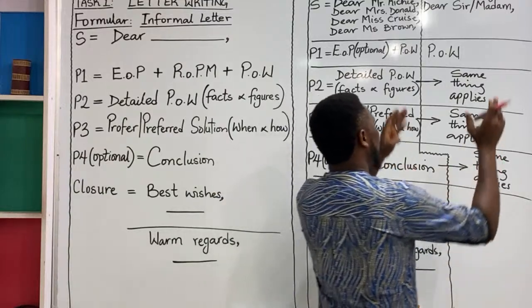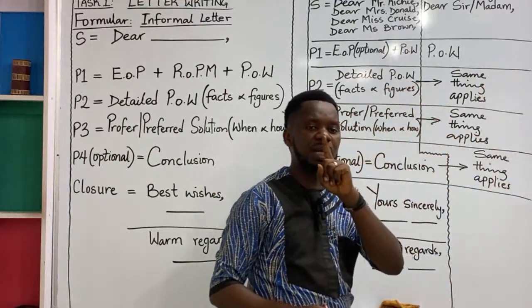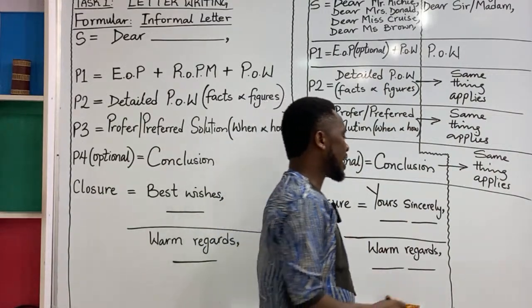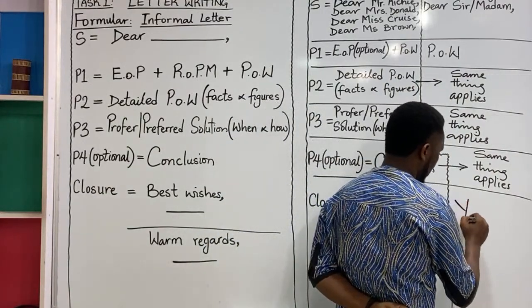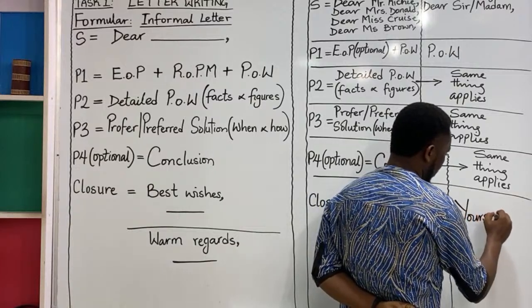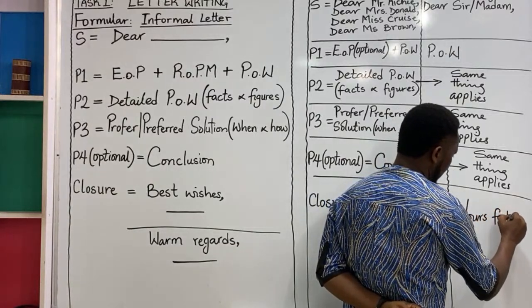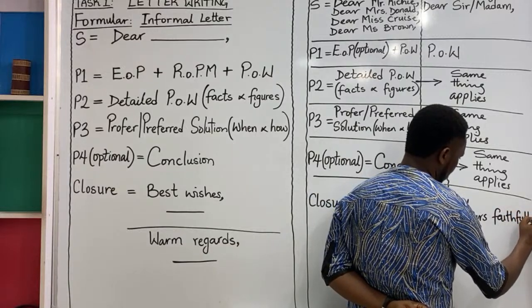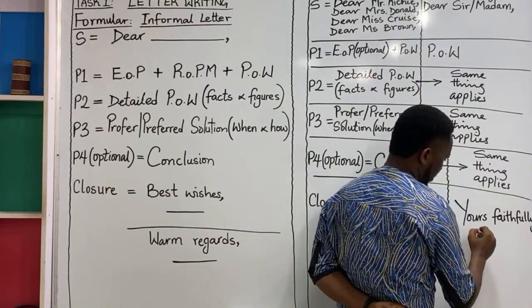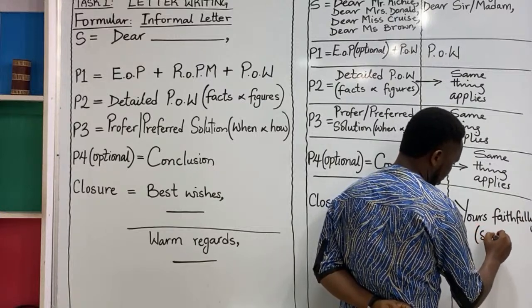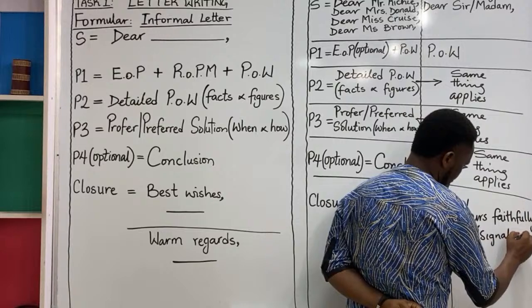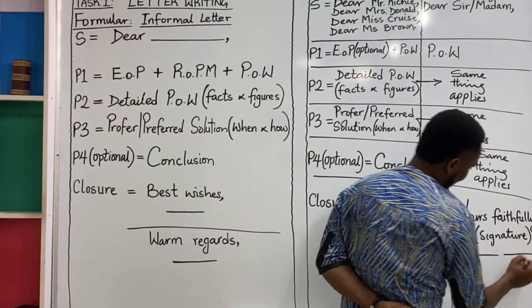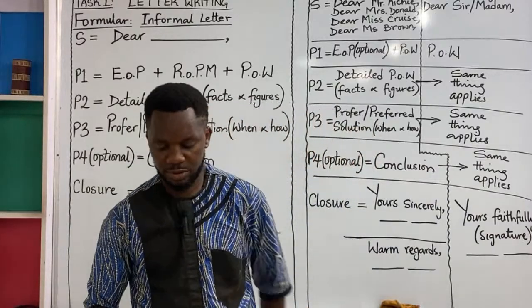But if it is a formal letter, there is only one template with which you can close your letter, and that's usually yours faithfully, then you need to sign, and then your first and last name.